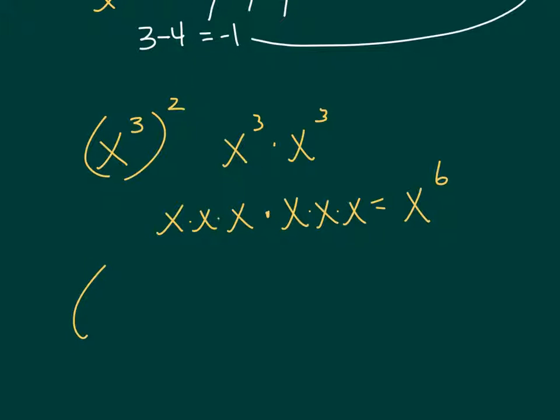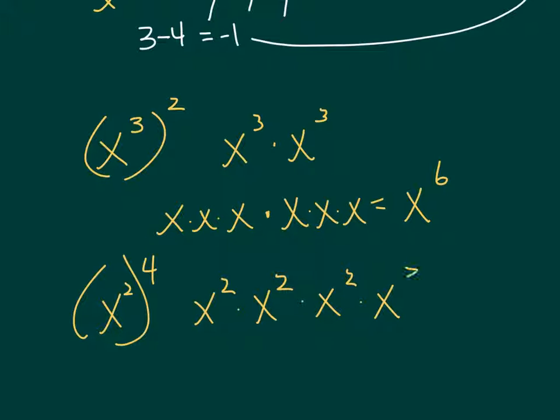So we can also look at x squared to the fourth, and that's just x squared 4 times. And so then we also know that x squared is x times x. So we have that 4 times, and so we end up with x to the 8th.